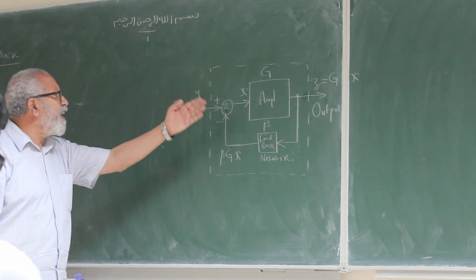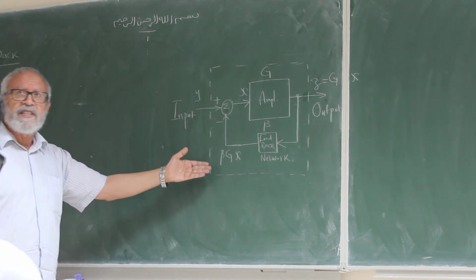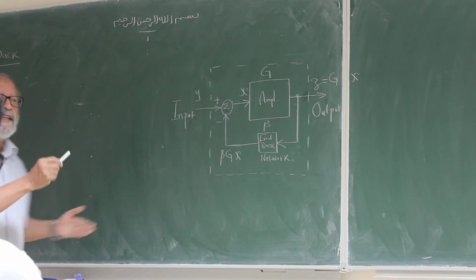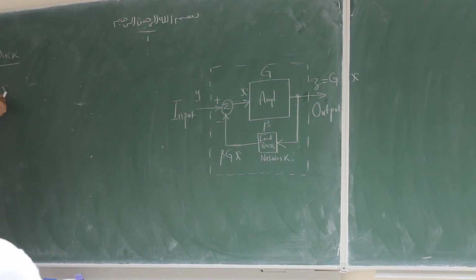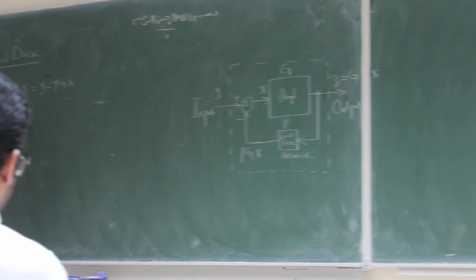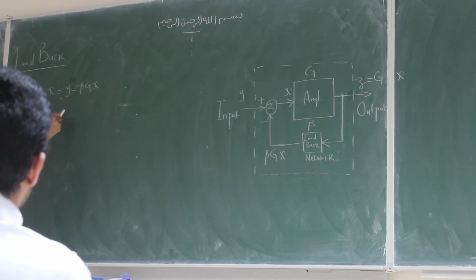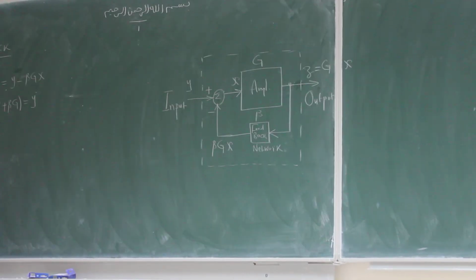So what will be X in terms of Y and beta GX? X equals Y minus beta GX. As such, X times 1 plus beta G will be equal to Y. This is the relation between X and Y.